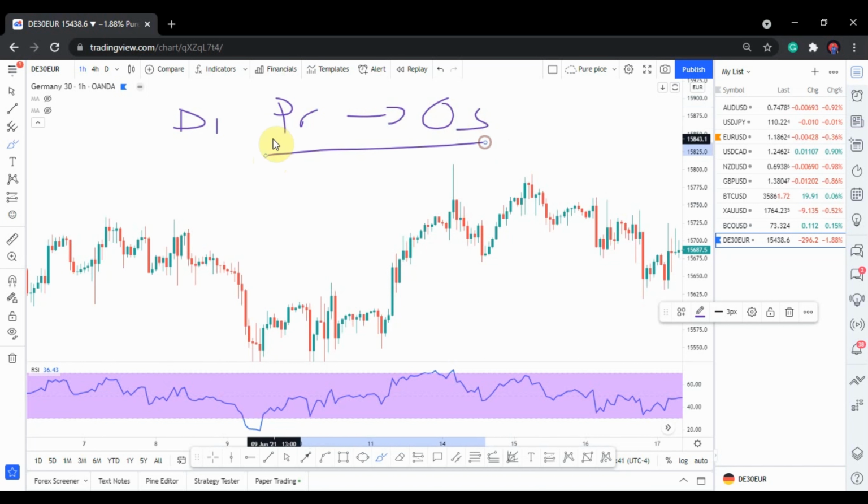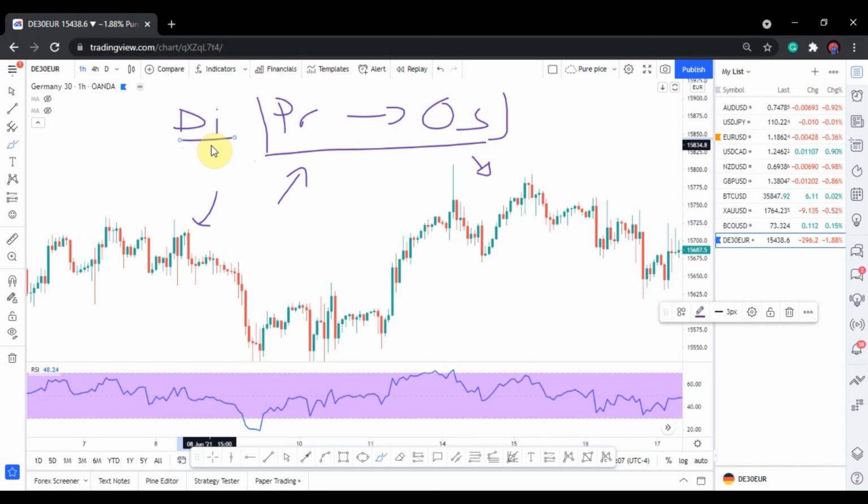So when your oscillator is pointing in a certain direction and the price is pointing in another direction, let's say price is moving up, but the oscillator is telling you that price is overbought, so we are moving down. When I'm talking about the price, I mean the candle. This disagreement between the price and the oscillator, that's what we call divergence.